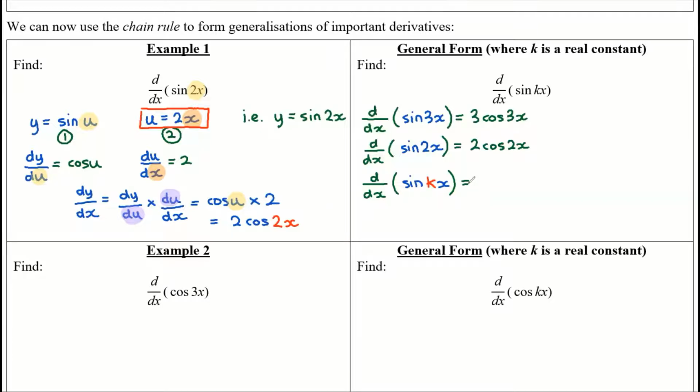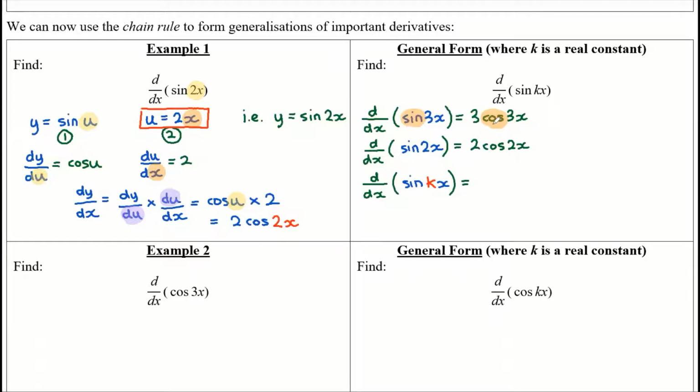Well, what's the pattern? Without applying the chain rule, it looks as though we differentiate the sine function to get the cosine function, as we saw from first principles. So it's definitely going to be a cosine.